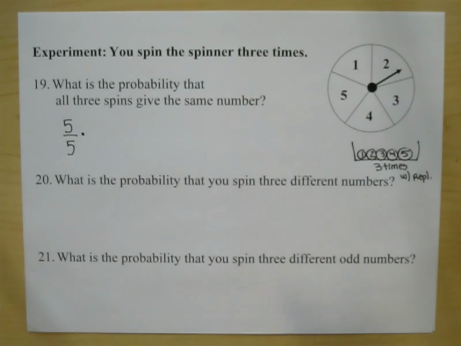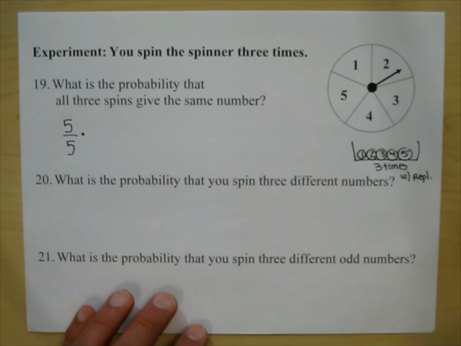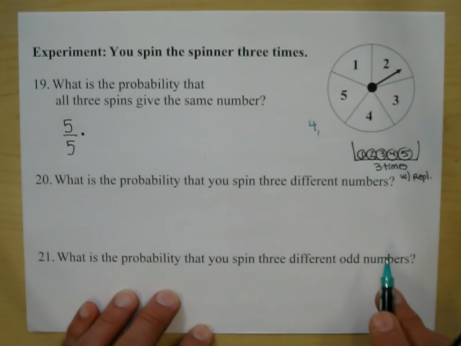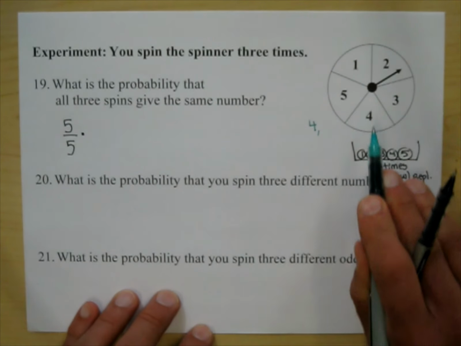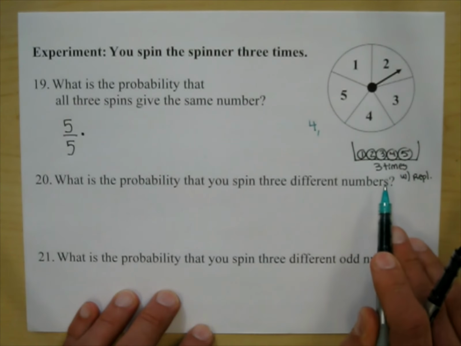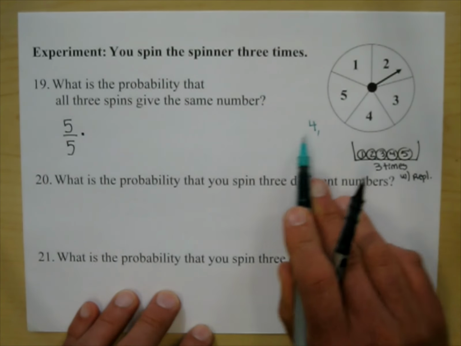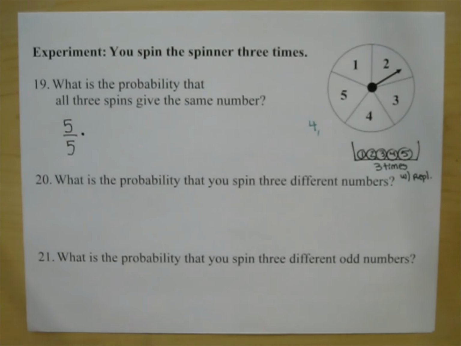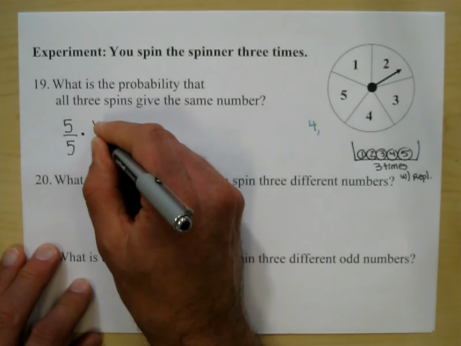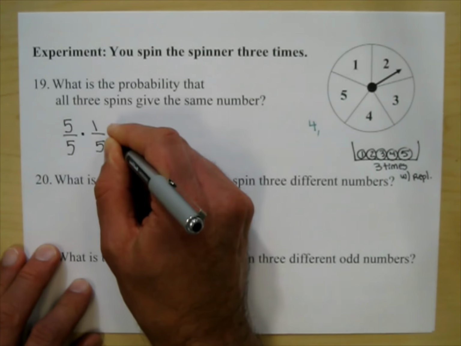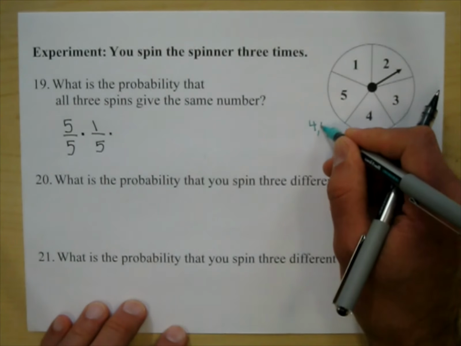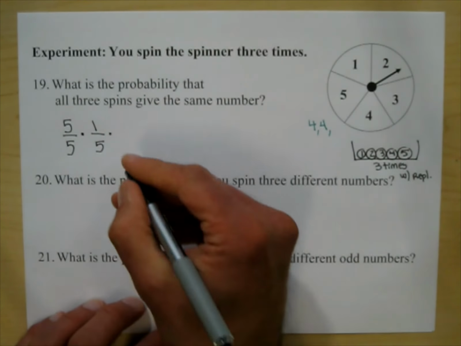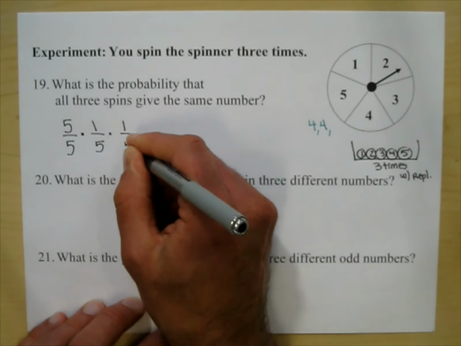But suppose the first number that we selected was a 4. Then the next time we drew from this box or spun the spinner, you would need to get a 4, wouldn't you? Because you have to have all three spins give the same number. So your next probability would be 1/5. And so suppose you got a 4 there. Well, the last one would also have to be a 4, which would be a 1/5.